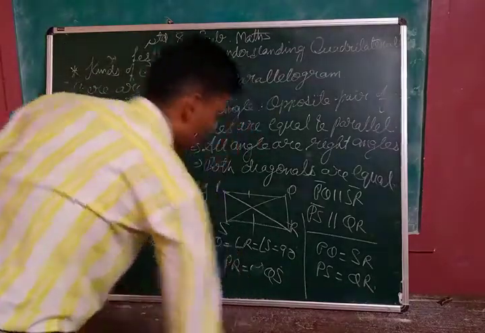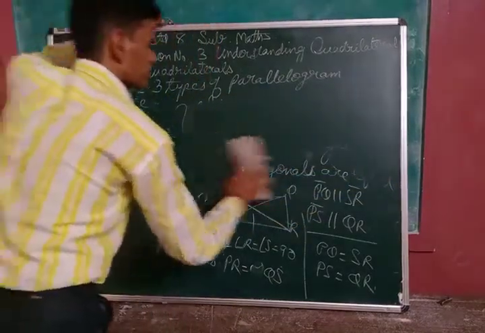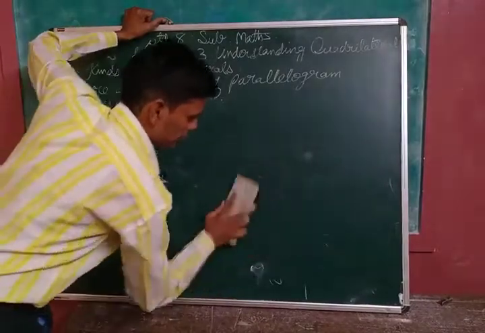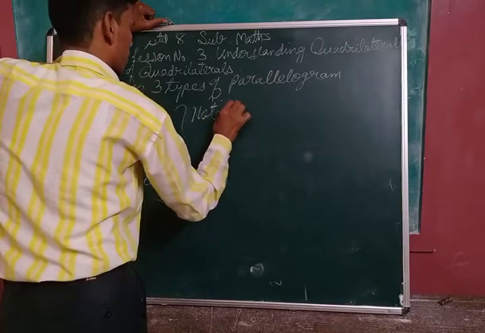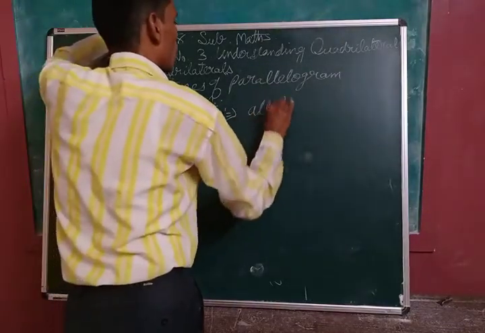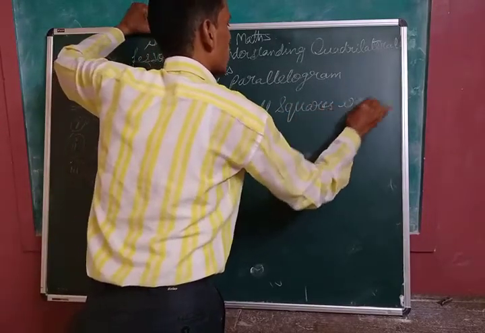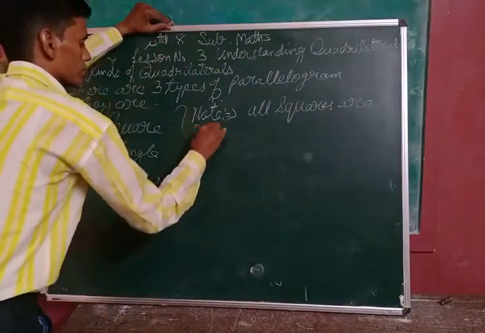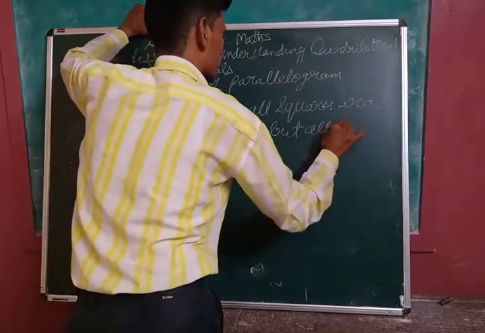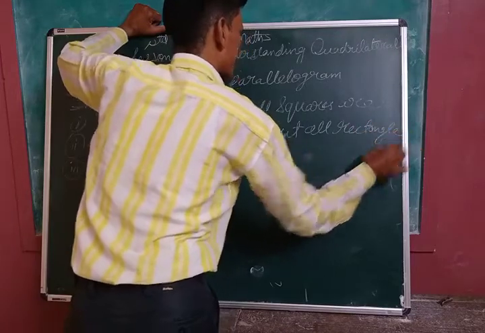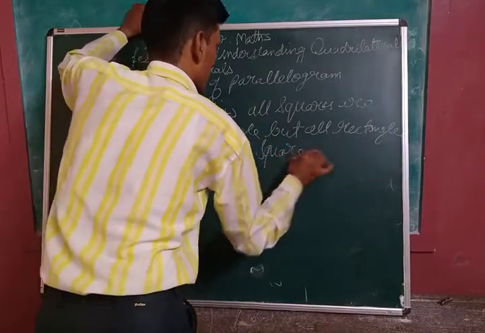Okay? Now, one note. Note, all squares are rectangle, but all rectangle are not square.